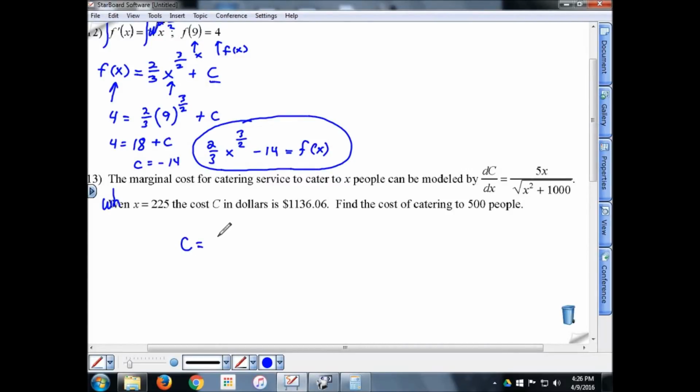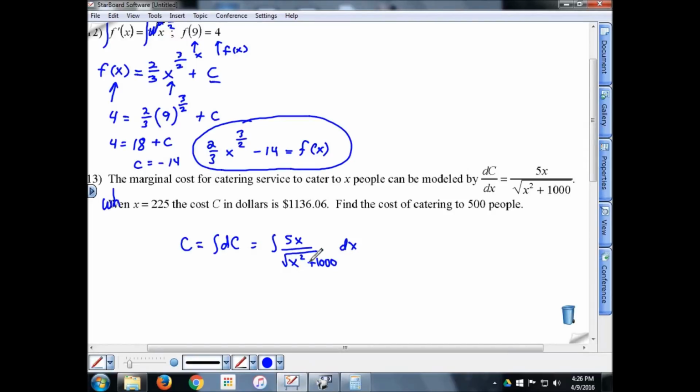So given dc dx, we need to find c, what we're trying to find. So c is equal to the integral of dc, which is equal to the integral of 5x over the square root of x squared plus 1,000 dx.